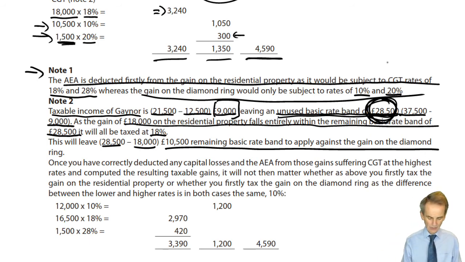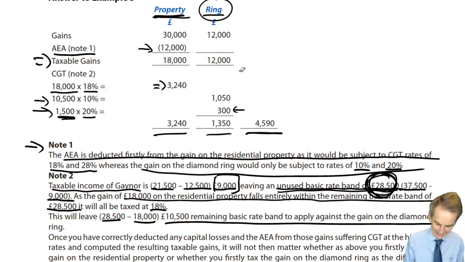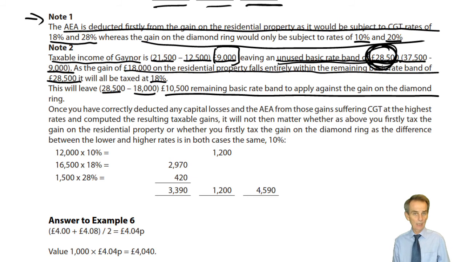But once you've actually got those figures of taxable gains, as we had here, 18,000 and 12,000, what this note goes on to say is that it doesn't matter what order you actually tax those taxable gains in. The reason being that it doesn't matter that the rates themselves are different.